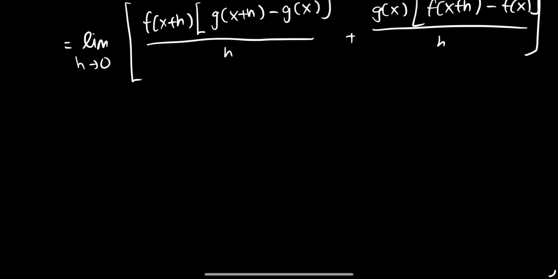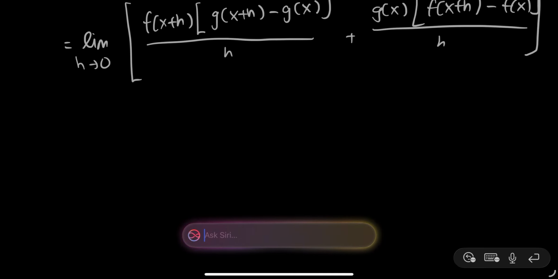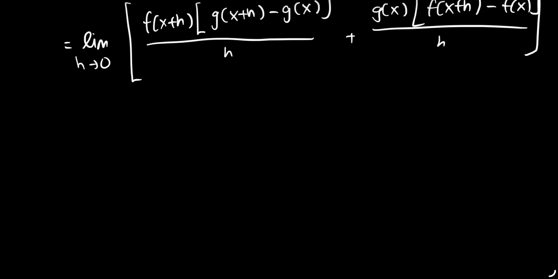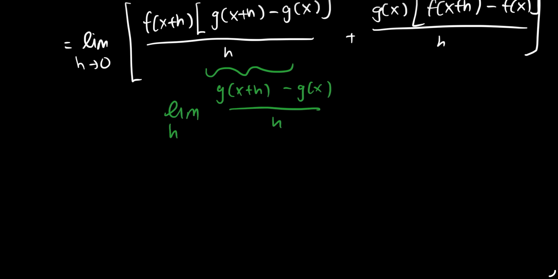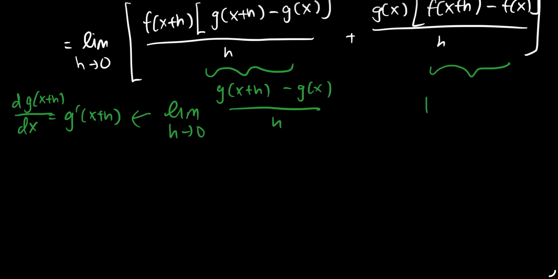So now what do you notice? This entire thing, g(x plus h) minus g(x) over h, looks like g prime, right? Looks like d g of x over dx. Similarly, this thing looks like f prime, doesn't it?